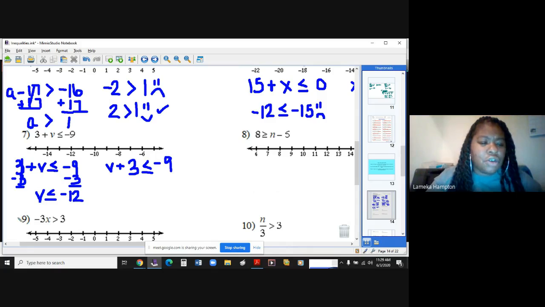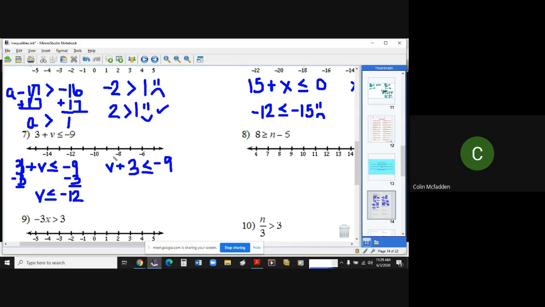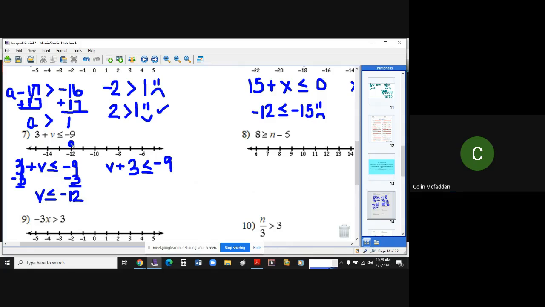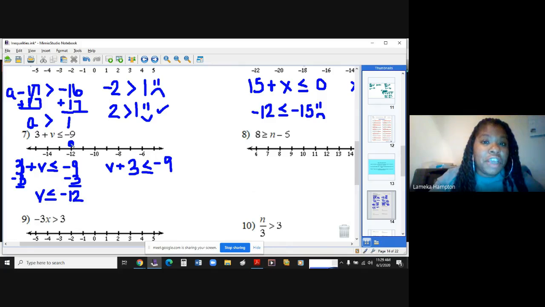All right. So I have V is less than or equal to negative 12. Do I have an open circle or a closed circle? Closed. Why?